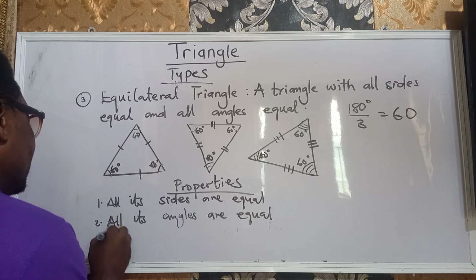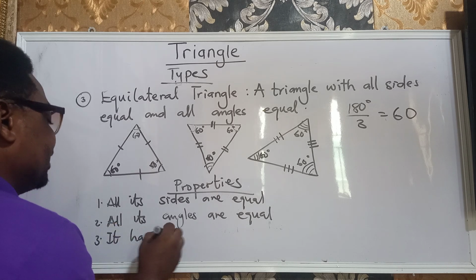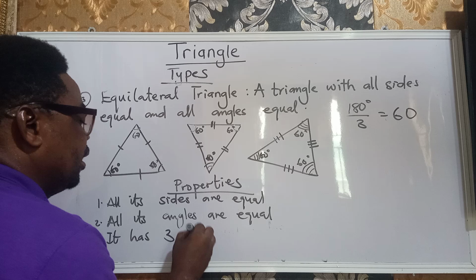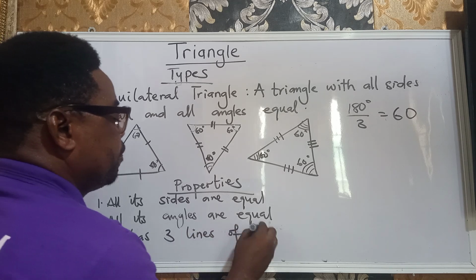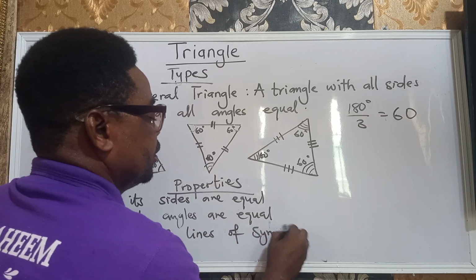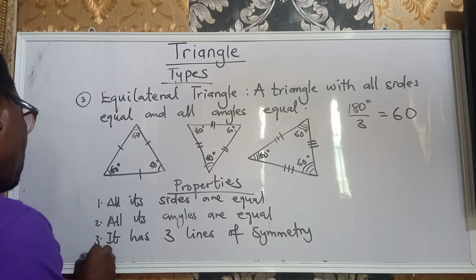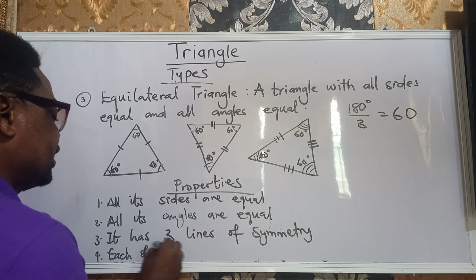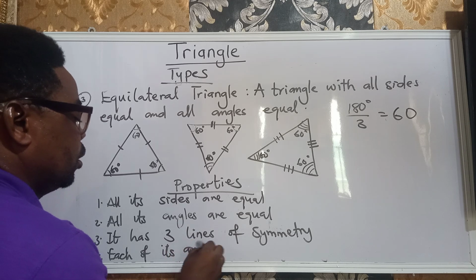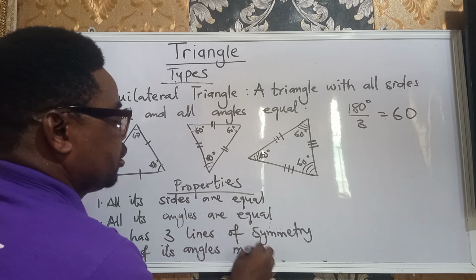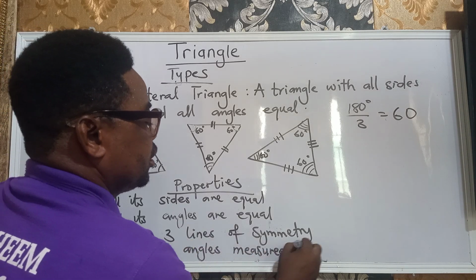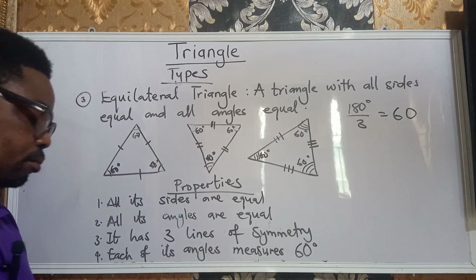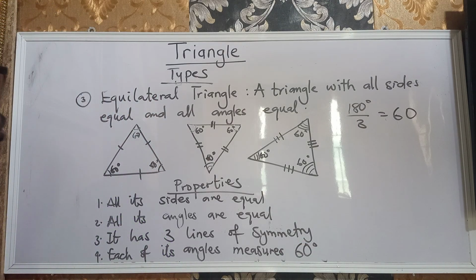Three, it has 3 lines of symmetry. And four, each of its angles measures 60 degrees. Now look at it.